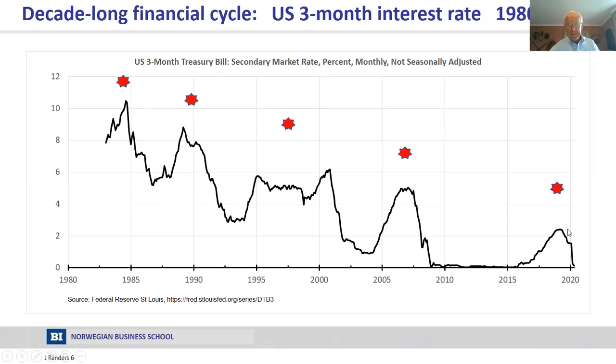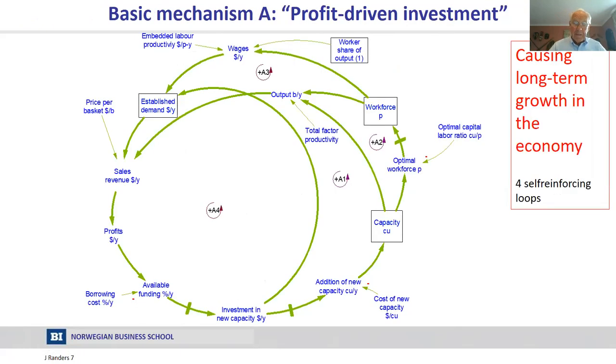And we think this is a very good indicator of the financial cycle, which is independent of the growth, the 10-year wave, and the 4-year cycle. So the question is, what could be the basic mechanisms that are causing these 4 behavior modes, the 4 reference modes?